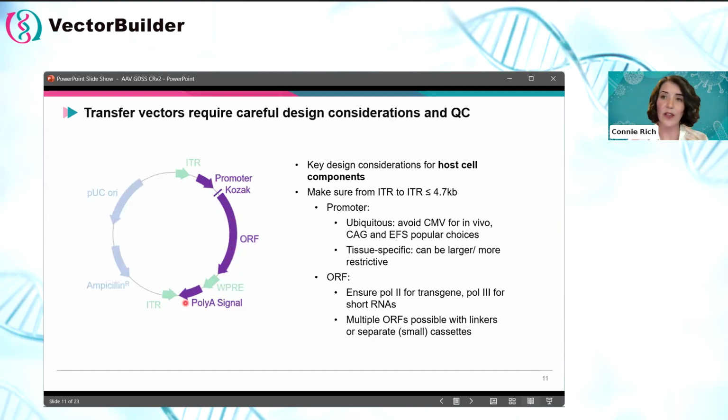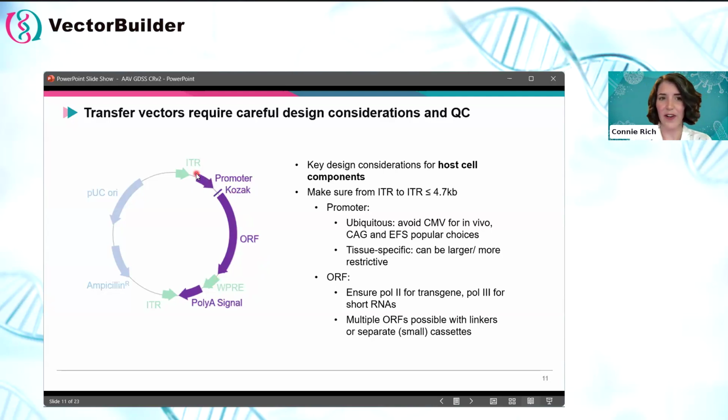So instead, you can use SaCas9 from Staphylococcus aureus. And that allows you enough room to express not only SaCas9, but also an accompanying gRNA. Another quick note, that gRNA is going to be designed differently to be compatible with your SaCas9.